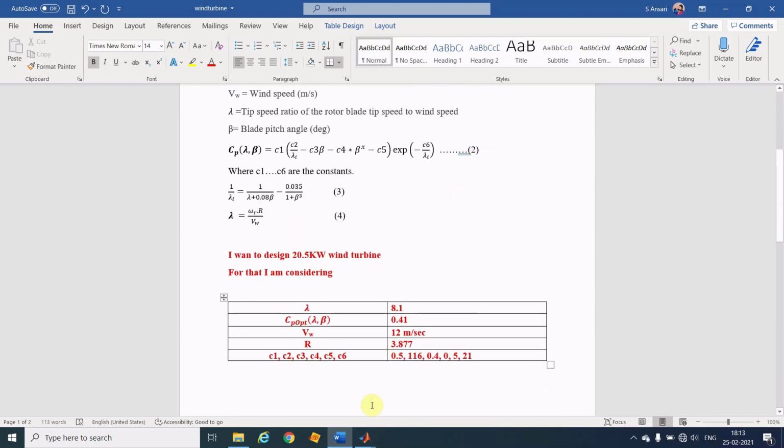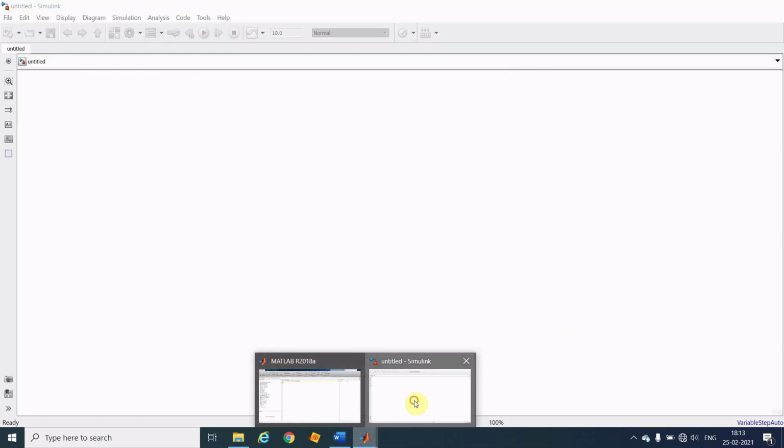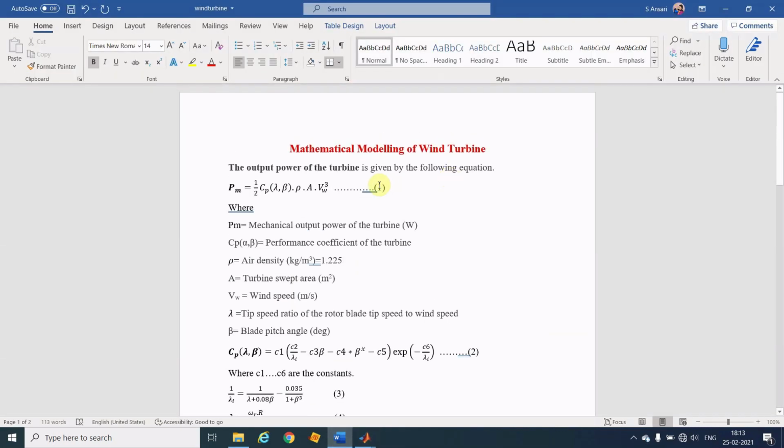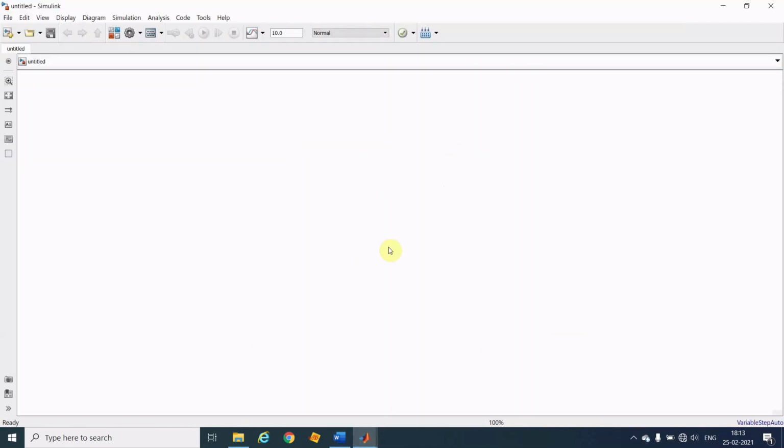So let's go to the Simulink. First, what we need: we have the first equation, and it is telling us the power.